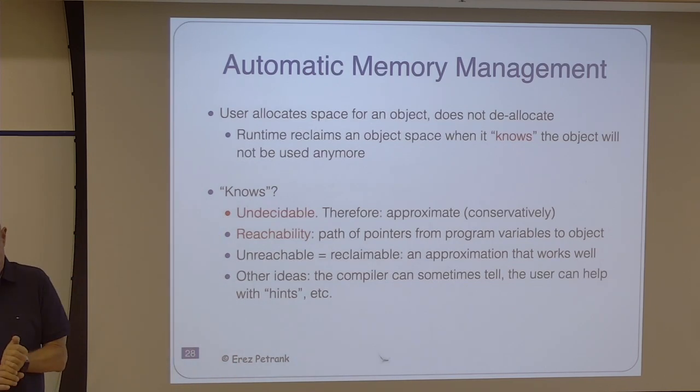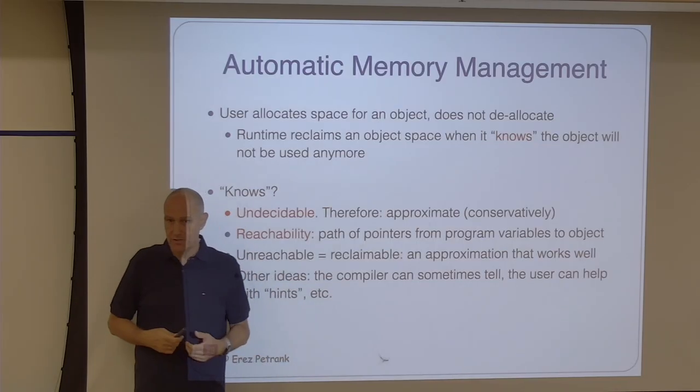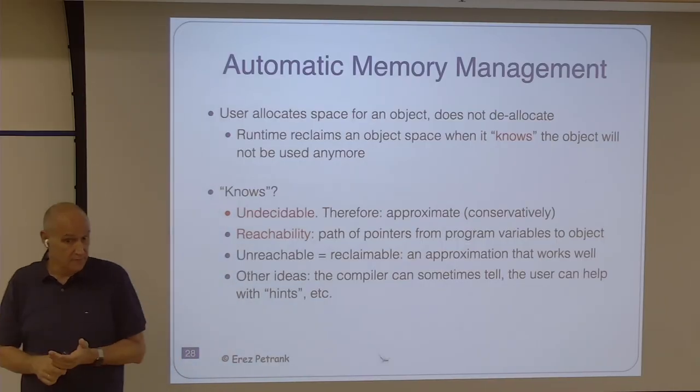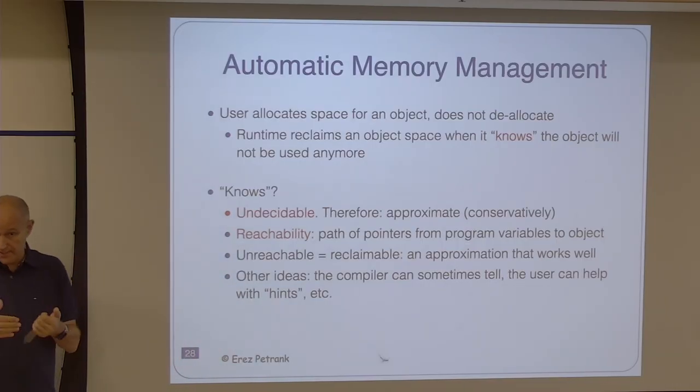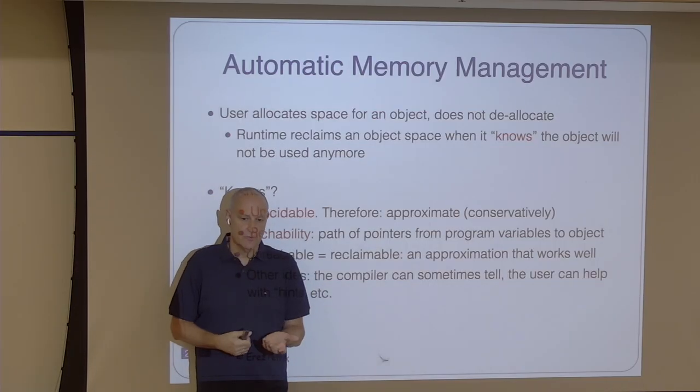So automatic languages don't use compiler optimizations at all for memory? Sometimes you can tell from the compiler if a variable goes out of scope. Yes, it could be done, and there were papers that showed you can improve the identification of reclaimable objects, but I've never seen it used in a real industrial system.